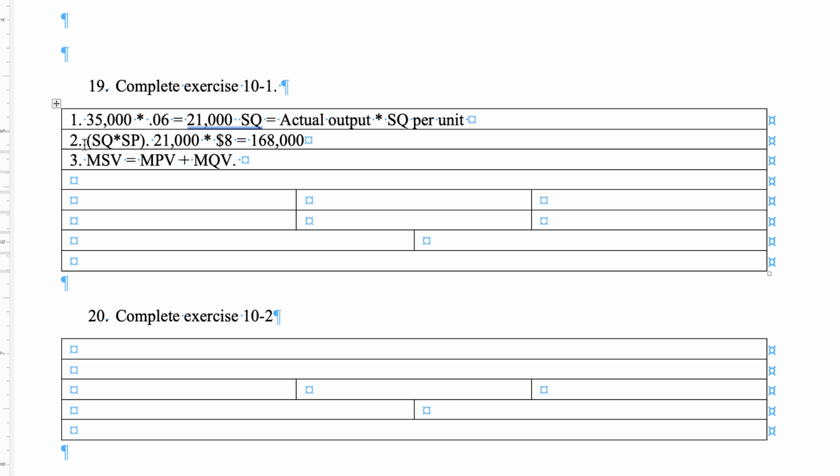We know right off the bat that the actual cost incurred to make these helmets was $171,000.